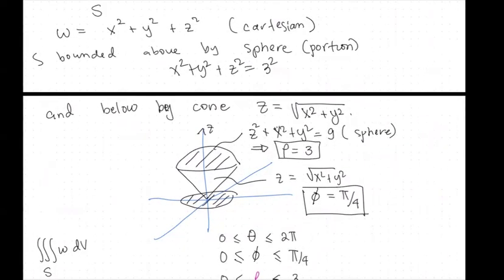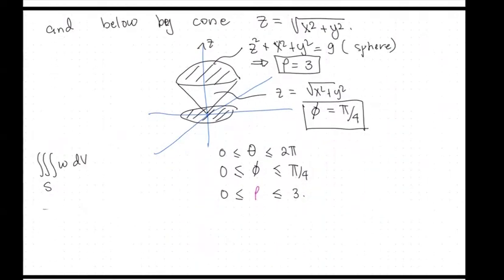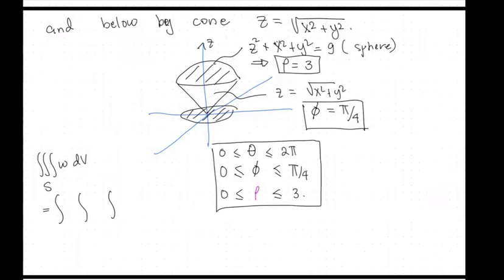The conversion is rho squared, and then we put the dV, so rho squared sine phi d rho d theta d phi.